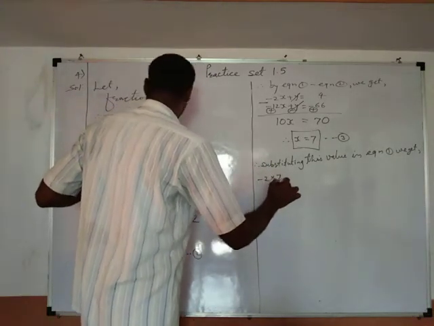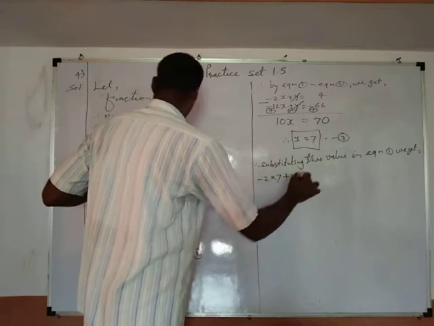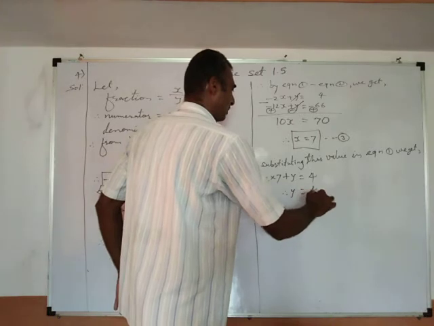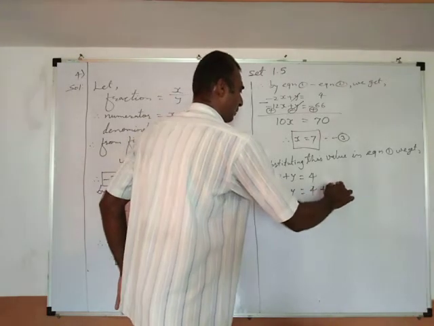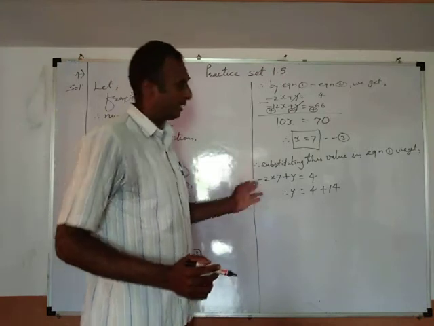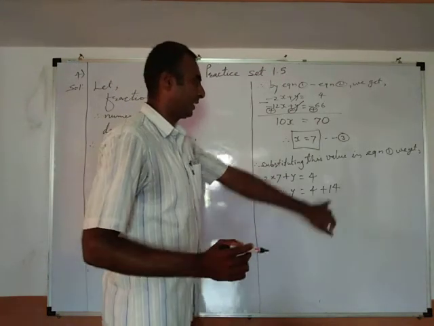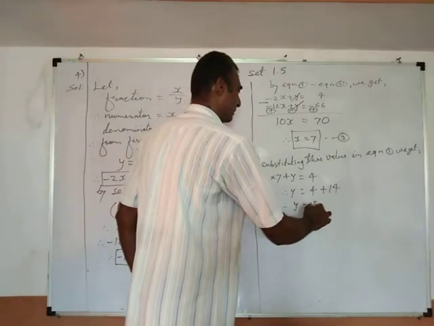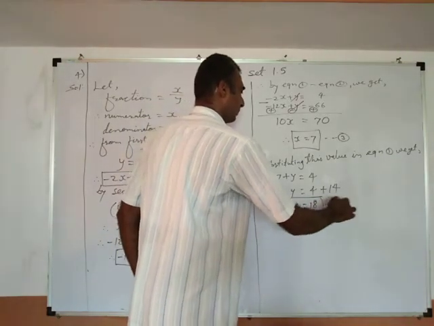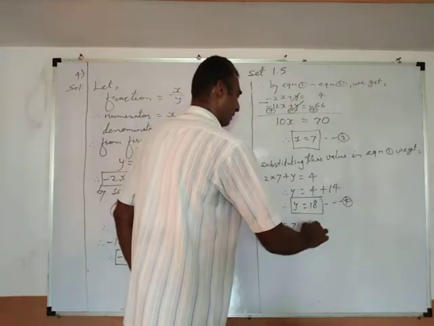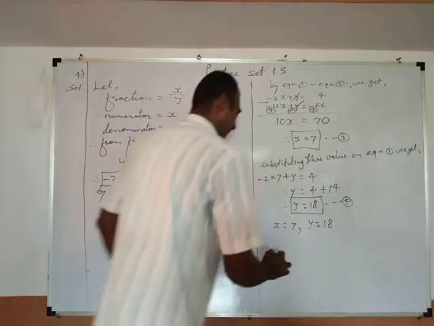Minus 2 into 7 plus y equals 4. Therefore, y equals 4 plus 14, because 7 2s are 14, on the left it is minus 14, and on transfer towards the right side it becomes plus 14. Therefore, y equals 18. Okay, therefore x equals 7, y equals 18.